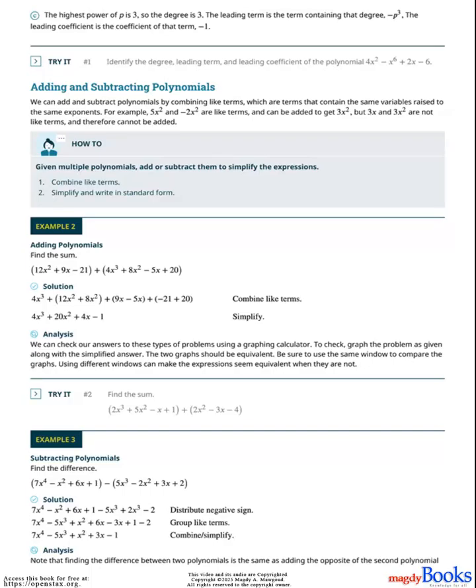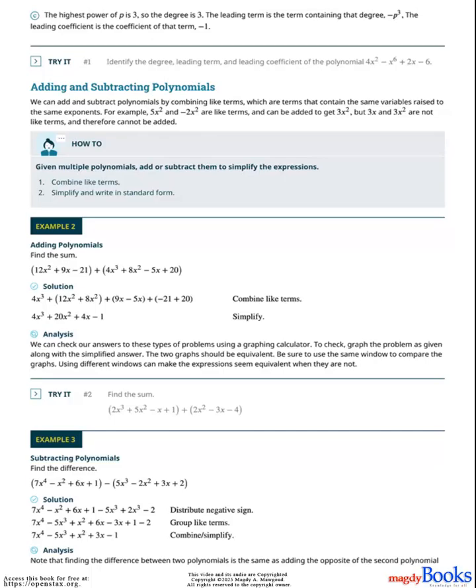Subtracting polynomials. Find the difference. (7x to the 4th power minus x squared plus 6x plus 1) minus (5x cubed minus 2x squared plus 3x plus 2).